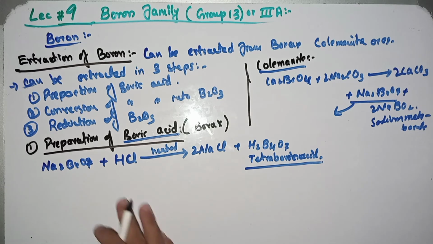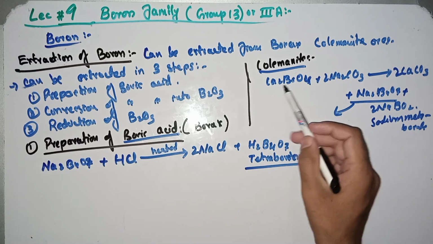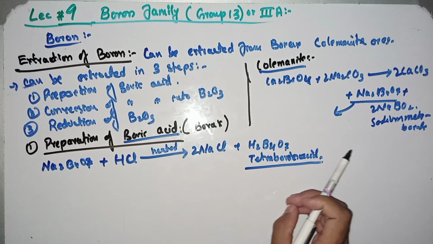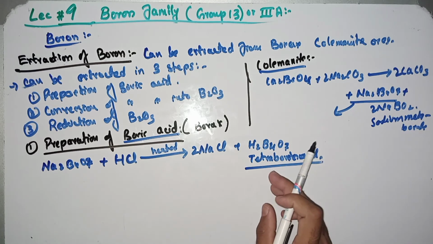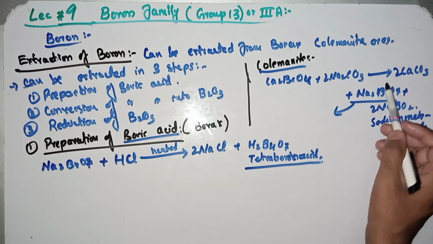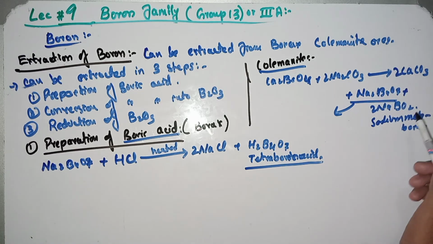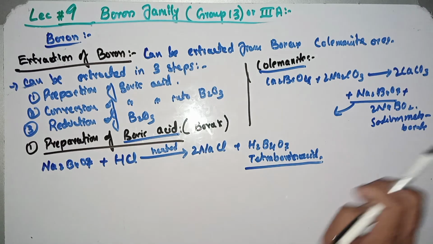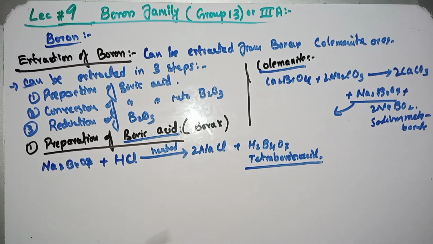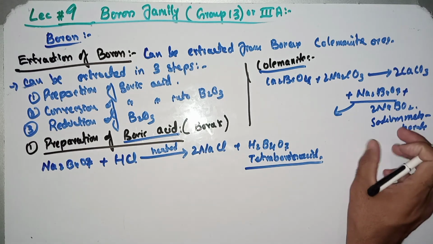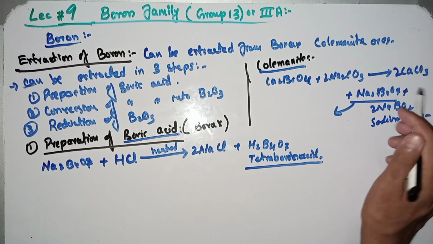So here, this is the first step, from borax and colemanite, boric acid can be formed. When we synthesize boric acid from colemanite, a mixture of tetraboric acid, calcium carbonate and sodium metaborate is produced. This is the fused mass.